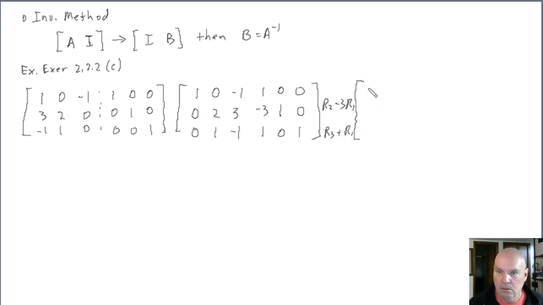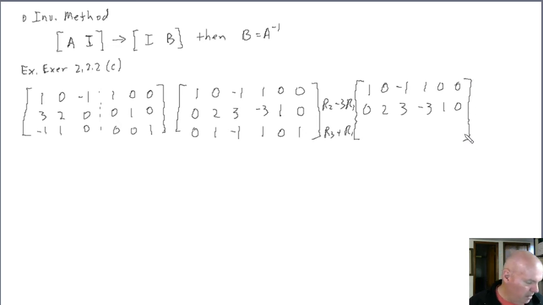For the next step, I want to eliminate the entry below the second leading term. Let me write down the first 2 rows: 1, 0, minus 1, 1, 0, 0, and 0, 2, 3, minus 3, 1, 0. For the last row, this is actually 2 combined elementary operations.